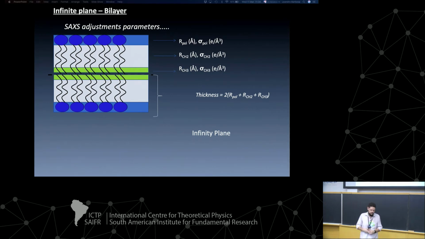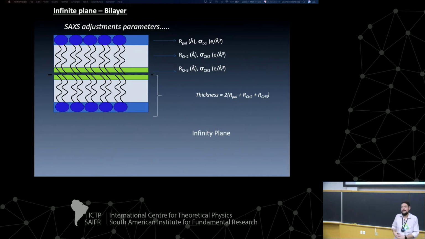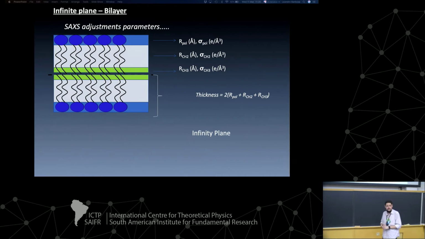You must have, of course, parameters that have physical meaning. This is the first thing. You must have reasonable parameters as compared to other data in the literature. So it's very important to keep in mind that you must have some indication of the order of magnitude of your parameters.